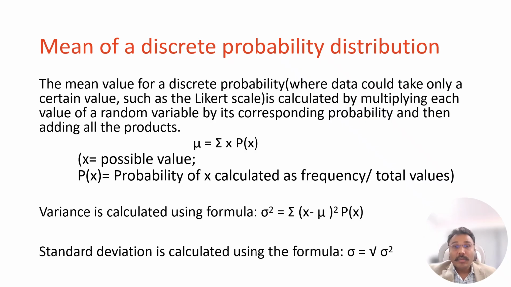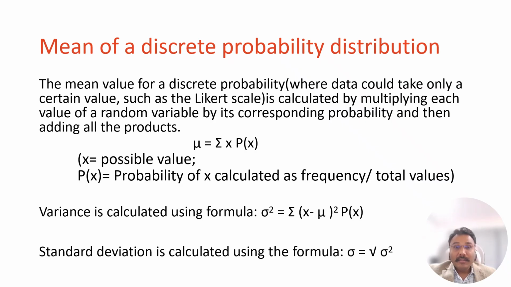Instead, we calculate what is known as the expected value, which represents the long-run average outcome of a random variable, given by your formula: mu equals the sum of x times P(x). Here x is a possible value and P(x) is the probability of that value occurring.